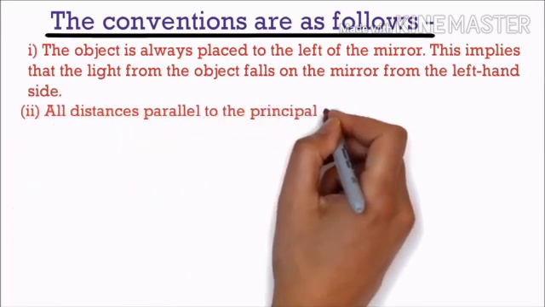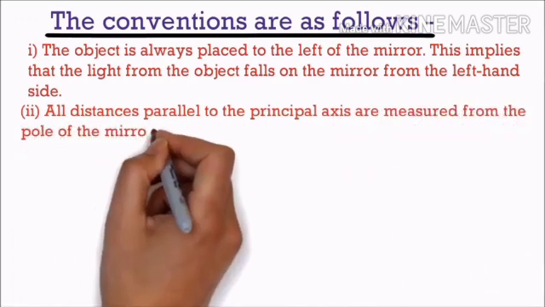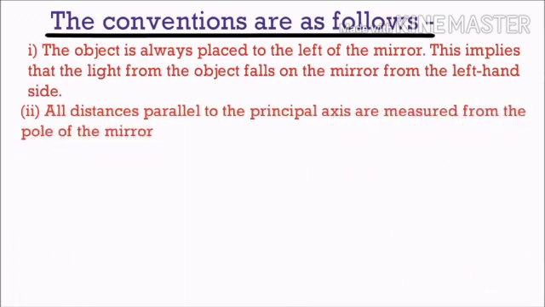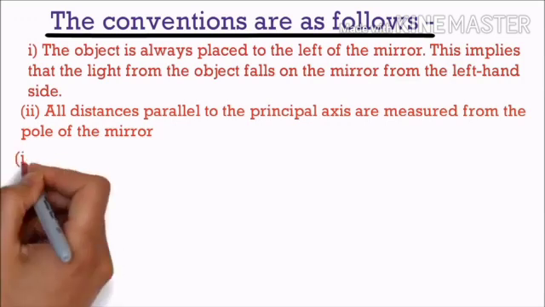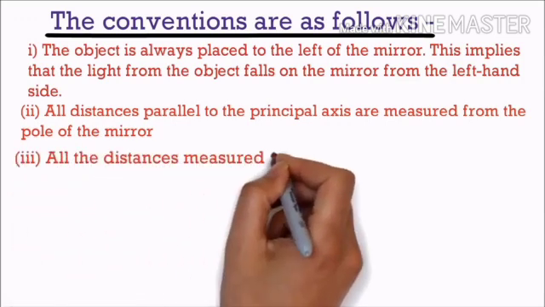Next, all distances parallel to the principal axis are measured from the pole of the mirror. That means all the measurements are from the pole of the mirror. Here the pole is taken as the origin.